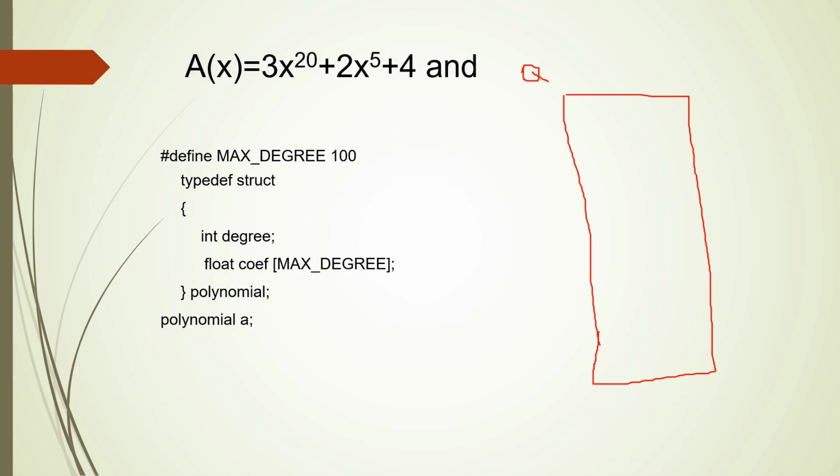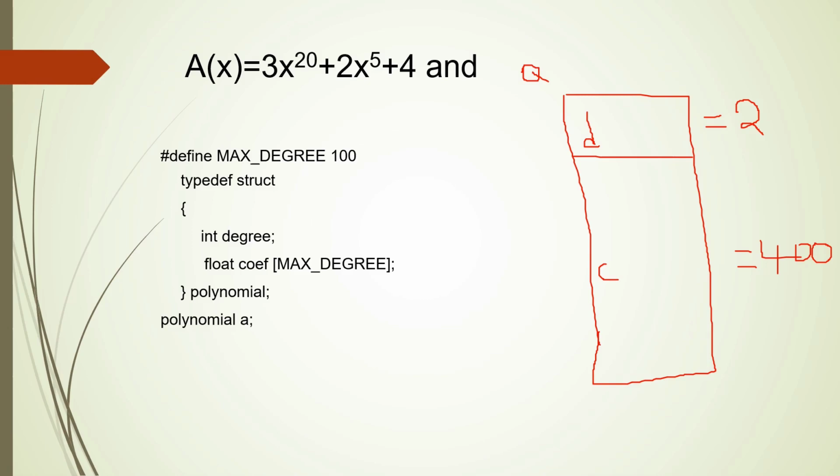Now inside A, there will be two fields. One is degree, of size 2 bytes. And another is coefficient, of size 400. So the size of this entire block is 400 plus 2, 402.